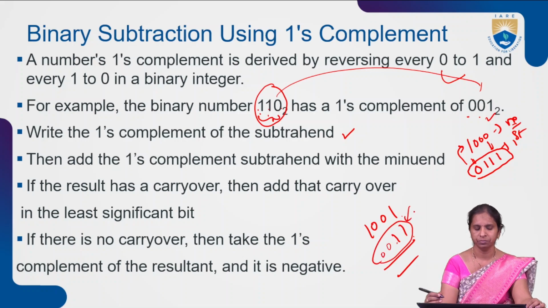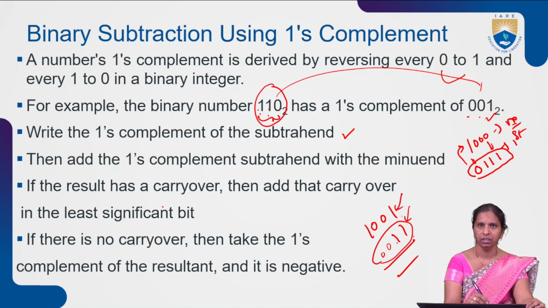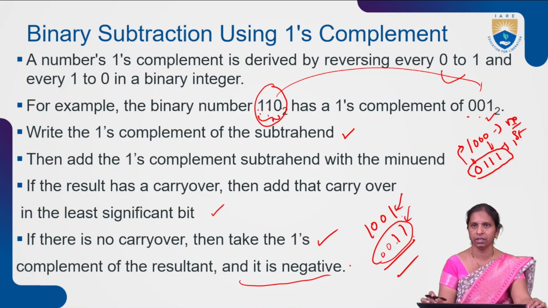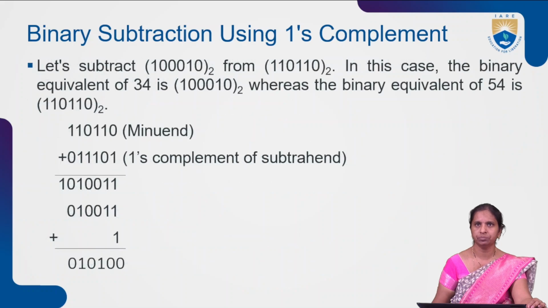Next, add the 1's complement of the subtrahend to the minuend. Then, if the result has a carryover, add that carryover to the least significant bit. If there is no carryover, then take the 1's complement of the result, and the result is called negative.